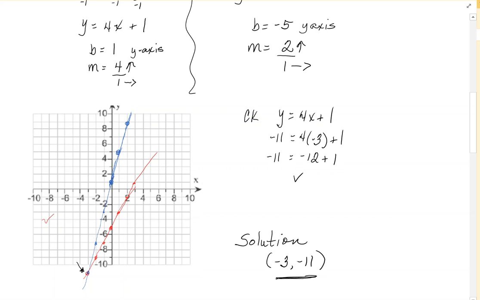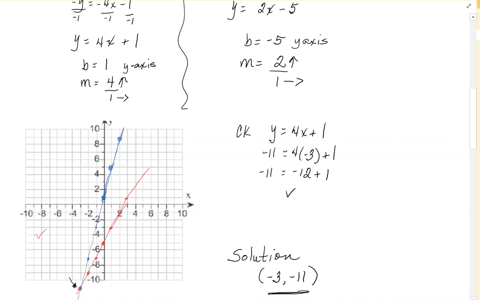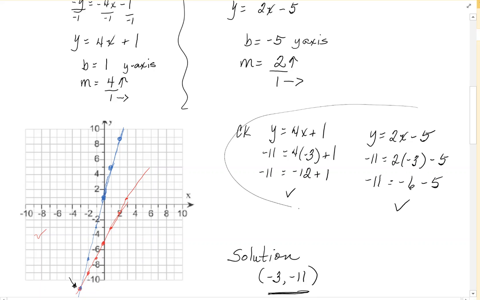So it is checking in the first one. Let's look at the second one. I have y equals 2x minus 5. So I have -11 is equal to 2 times -3 minus 5. Is -11 the same as -6 minus 5? Yes, it is.